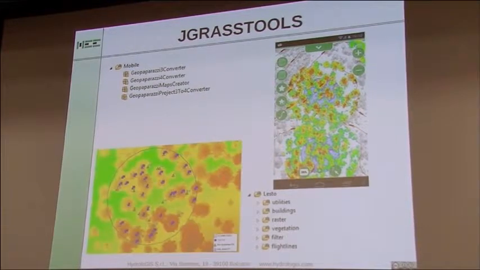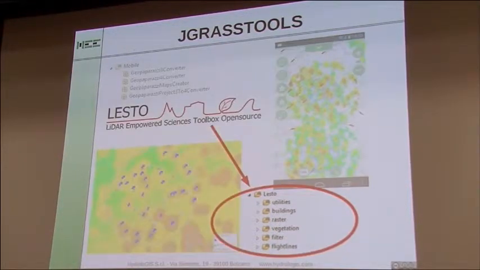And the last section is the L.E.S.T.O toolbox, and it contains some tools for analyzing LAS data, LiDAR data, and extracting information about vegetation. L.E.S.T.O stands for LiDAR Empowered Science Toolbox open source, and in this presentation I will focus on the tools contained in this package.